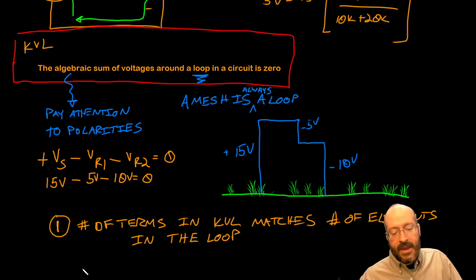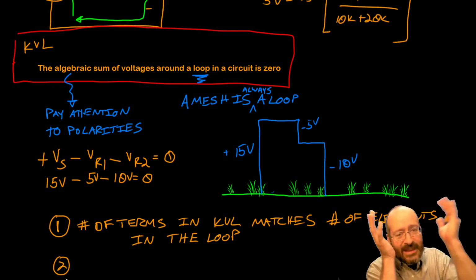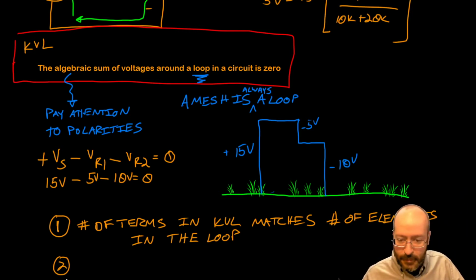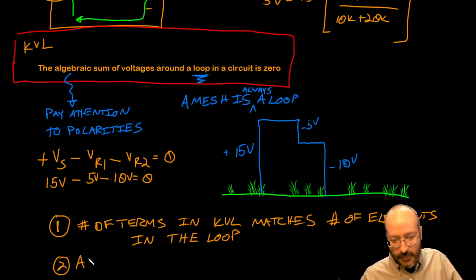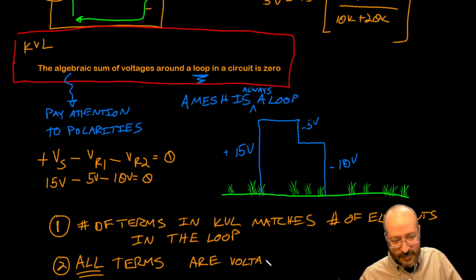And it's a KVL, so this one should go without saying, but I'm going to say it so that maybe you get it in your head and you check yourself: when you write a KVL, all terms are voltages. Some of you are going to screw that up.